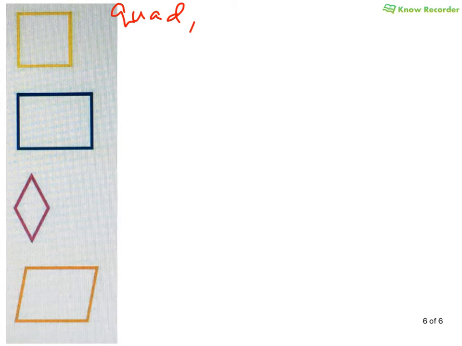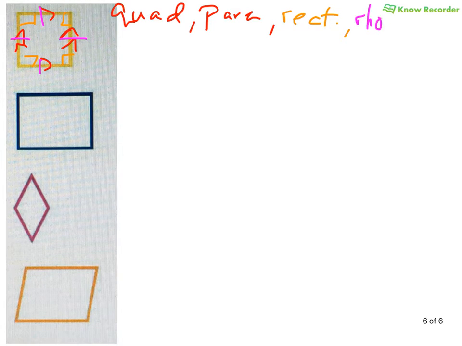I see that I have two sets of parallel lines, so it's a parallelogram. I also notice that I have four right angles, so it's a rectangle. Also, I see that I have four equal sides, so it's a rhombus. And because it's a rectangle and a rhombus, I can call this a square.